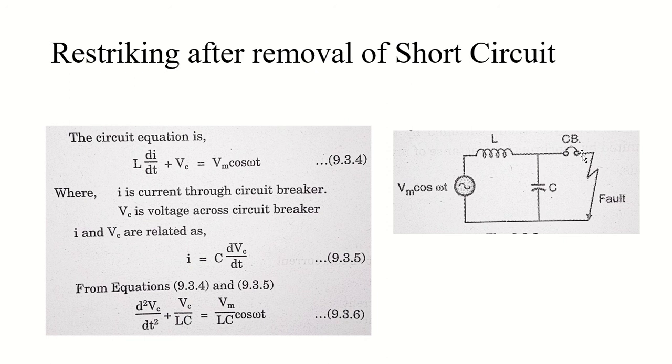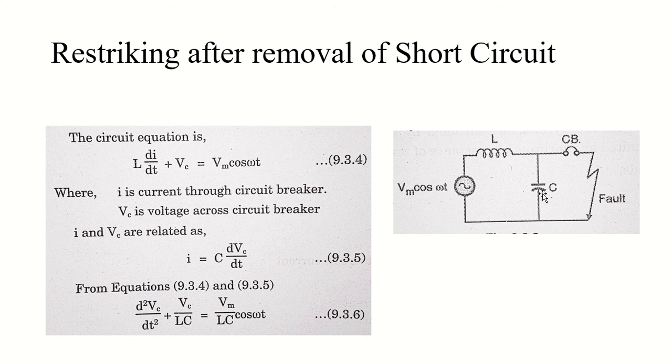During this time the heavy fault current flows through the circuit, which is limited by the inductance, and C is the natural capacitance of the circuit adjacent to the circuit breaker, as you can see here. The circuit breaker contacts are opened to clear the fault, but this by itself will not interrupt the current, as an arc will be produced between the contacts.